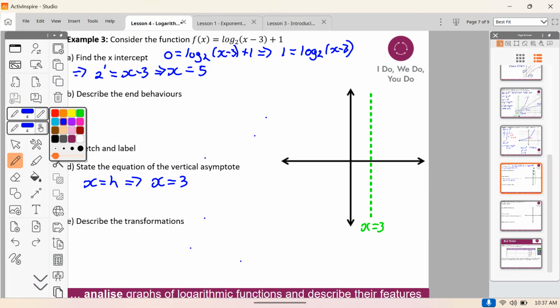Sketching. The graph is going to look like this, and it's going to go through here at (5, 0).